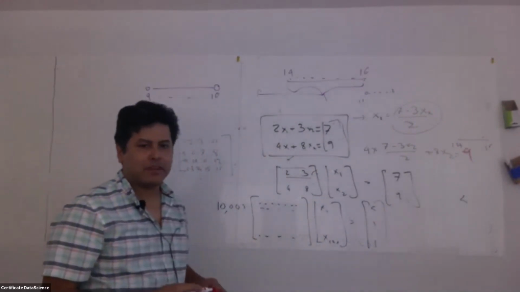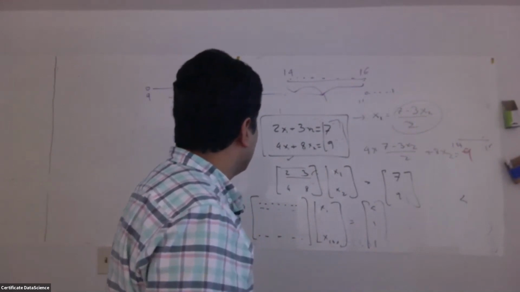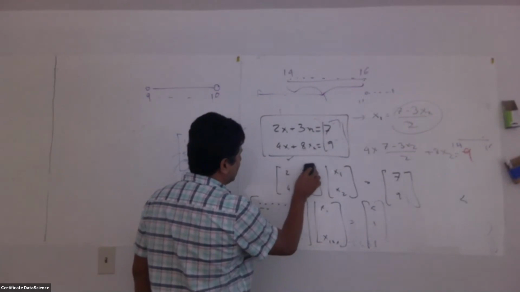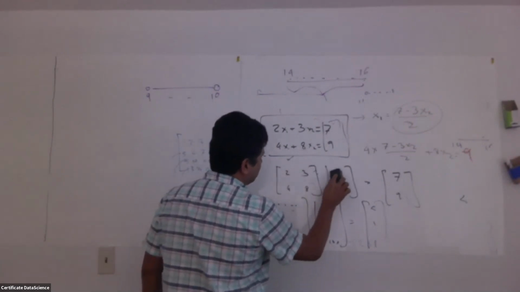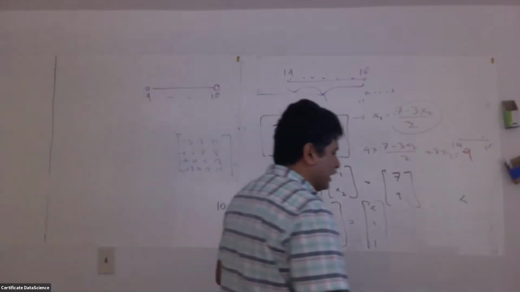But these kinds of calculations you can do a lot faster if you do it algorithmically. One idea is that you can write it in a concise form with matrices. So how do you write it in this form?